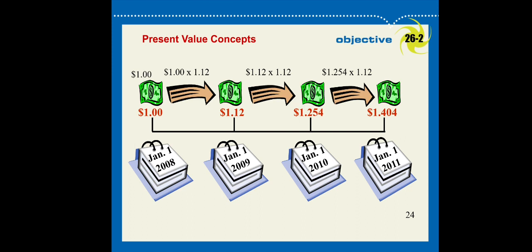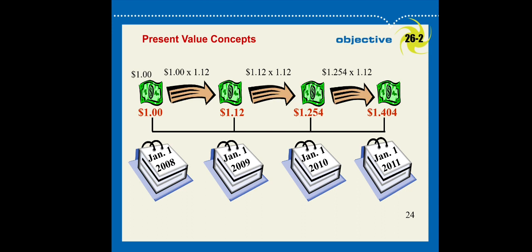The present value is something like this. You see January 2011, the present value of $1.40 in January 2011 is, so it is this way. Let's say today is 1st of January 2008.